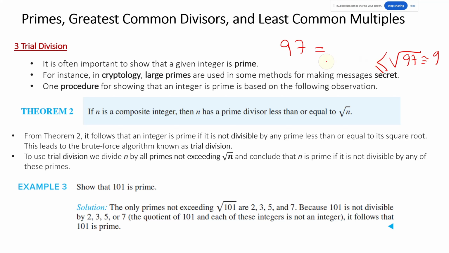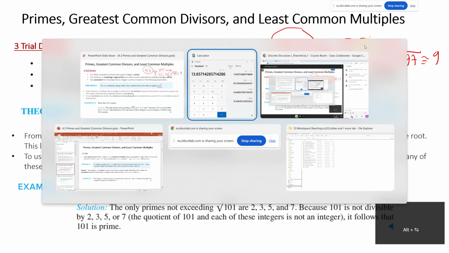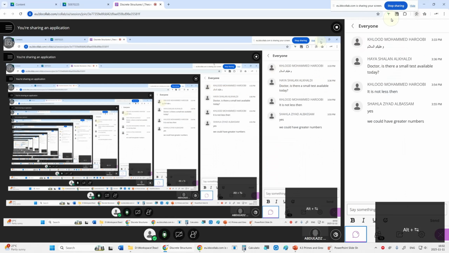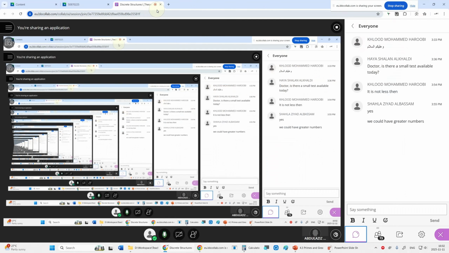This is telling me that, because the theorem says that if it's composite, I should have at least one prime divisor that is less than or equal to the square root of n. I did not find that, which means the number 97 is going to be prime. And if you'd like to test it, maybe we can also make use of those tools and list all prime numbers less than 100.